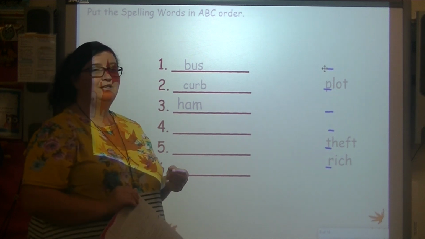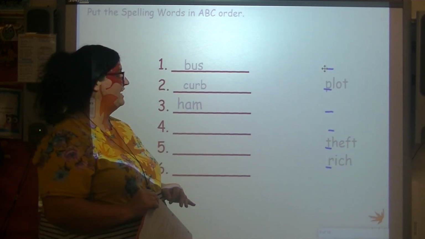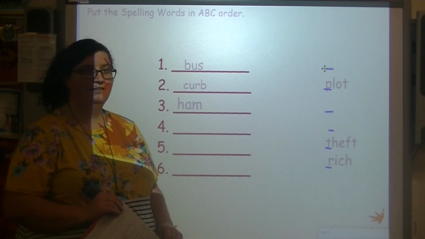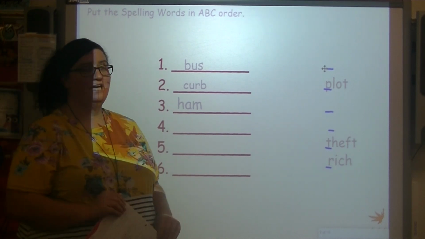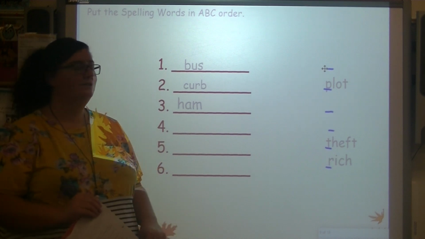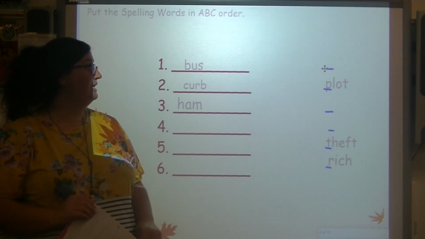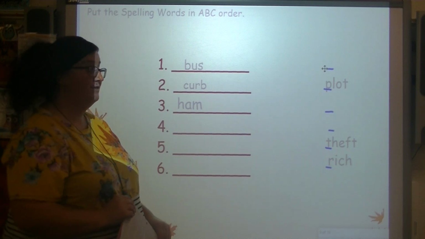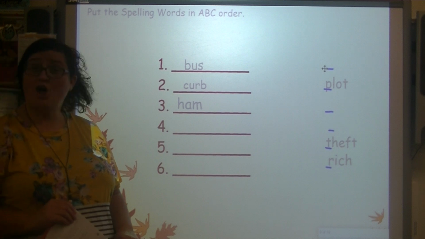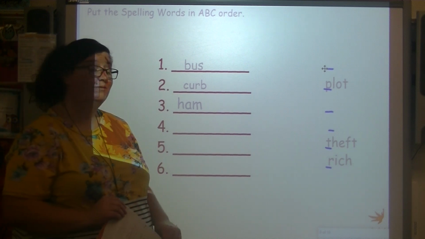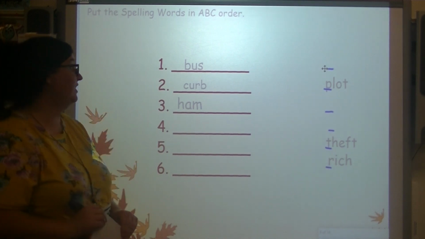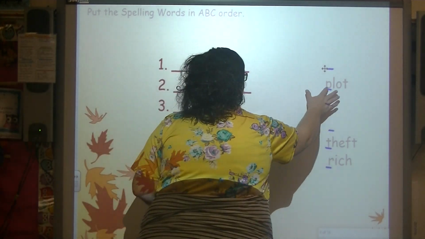No. What comes after I? J. Do we have a J word? No. K? No. L? No. M? No. N? No. What comes after N? O. Do we have an O? No. P? Yes, what word? Plot.